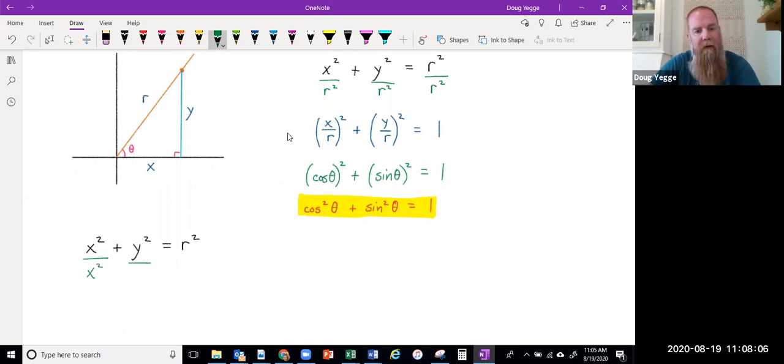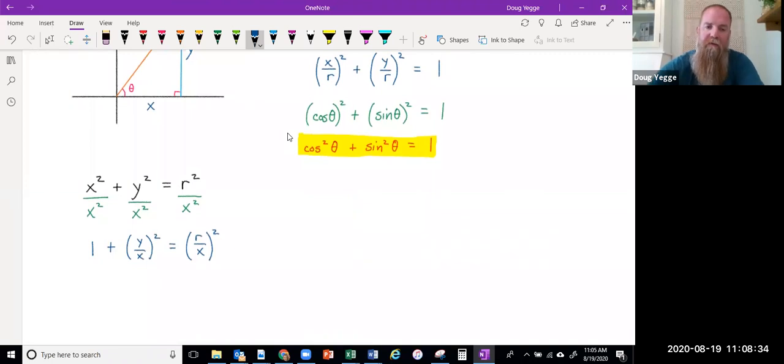If I divide that quantity by x squared to make it equal 1, I could divide each of these by x squared as well, and now rewrite the result. This gives us 1 plus (y over x) quantity squared, which is equal to (r over x) quantity squared.